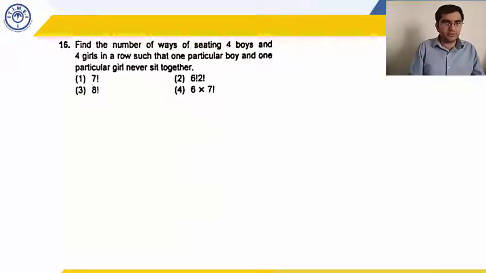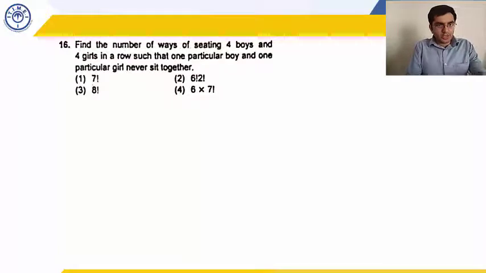See, either they will be sitting together or they won't be sitting together. There's no other possibility. So never sit together becomes equal to total number of ways minus ways in which they are always sitting together. And we have just solved so many questions about always being together or being in one group. Okay, so that's how we will solve.